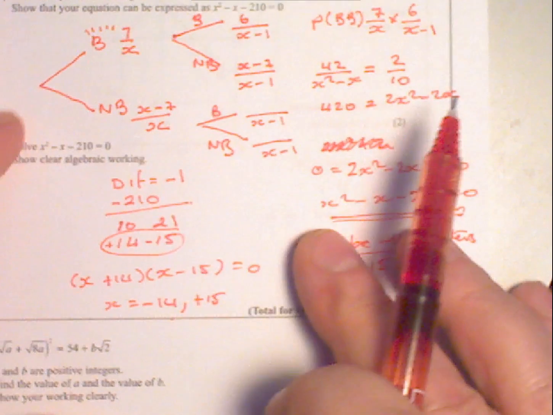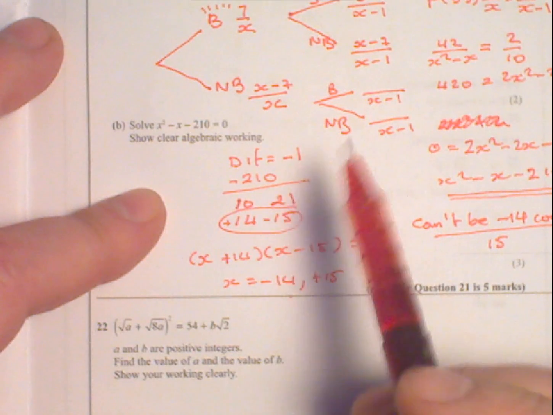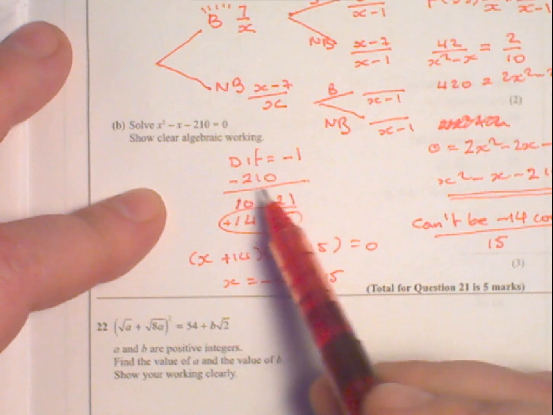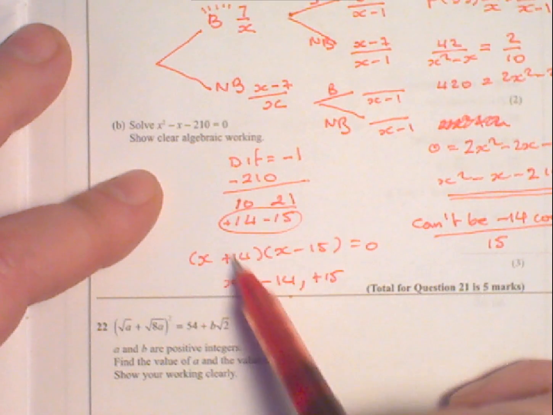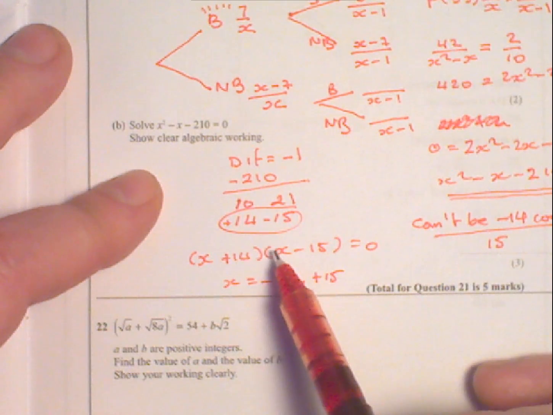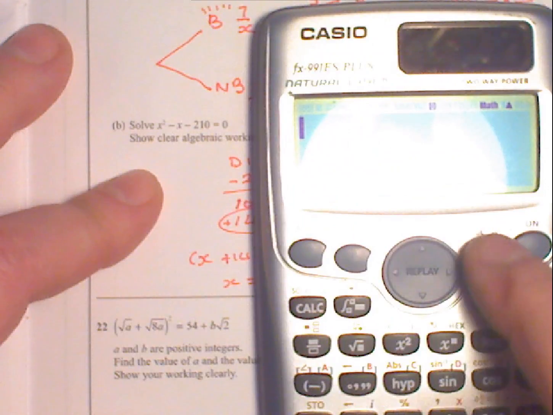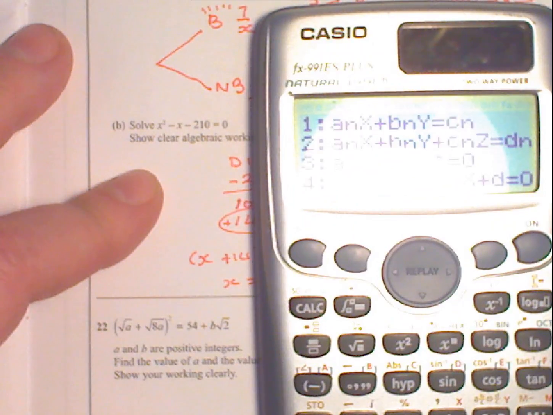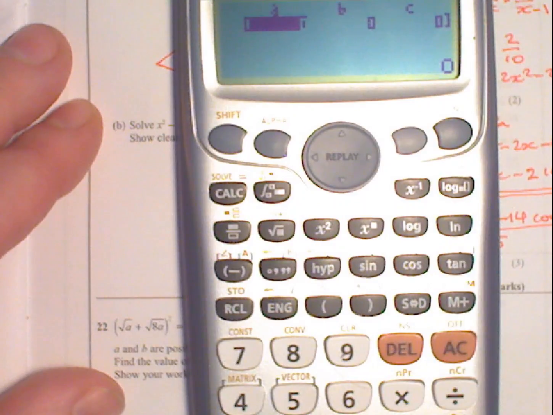Then this next bit is really just factorizing. You could use the formula, but it's quite clear, they haven't asked for 3 significant figures, which is normally a clue that you're supposed to use the formula. And I've sort of shortcutted the looking for the factors of 210. Remember, if you're coming towards the end of the exam in a bit of a hurry, you could give yourself a little hint by going to the equation mode on the calculator, and I put in my coefficients, which were 1, -1, and -210.